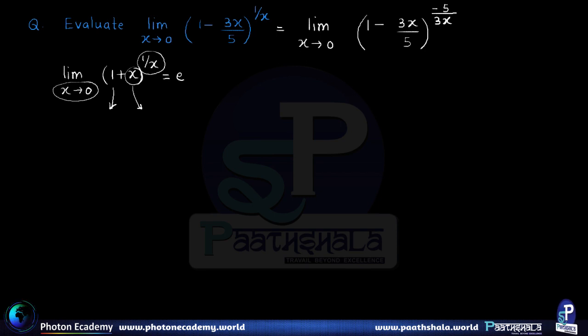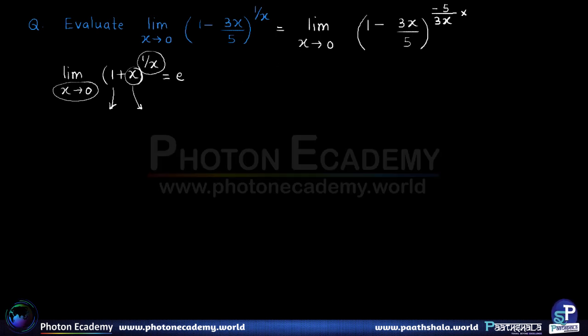But in doing so, we have actually changed the required expression, alright? In the exponent we have 1 upon x as given, but what we have written is minus 5 by 3x. So therefore to correct it, we must write it as minus 3 by 5 multiplied to the index which we just wrote. So it is this particular expression.